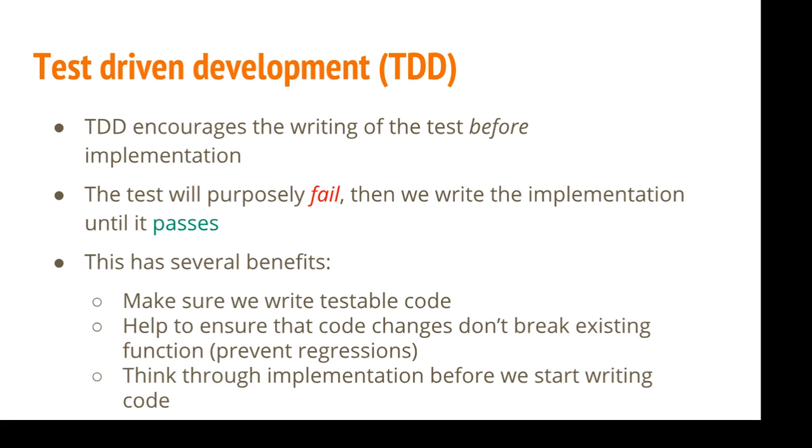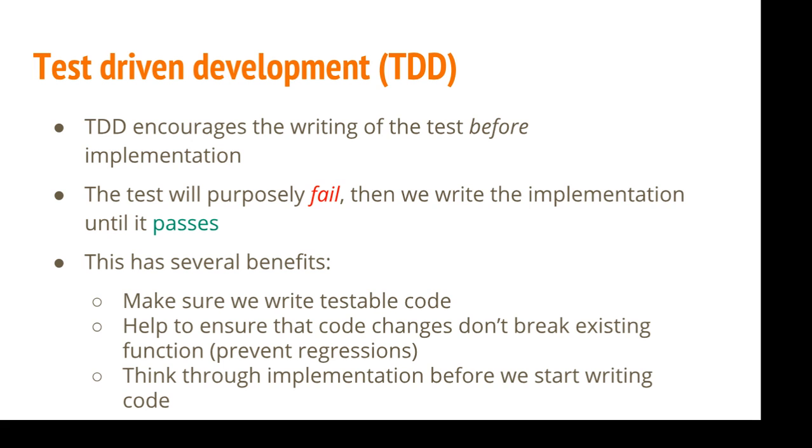It makes sure that code changes don't break existing function. That's called regressions. When you have something that is working and then you change it and it stops working, that's called a regression. And programmers hate regressions, and managers and product owners hate regressions even more.